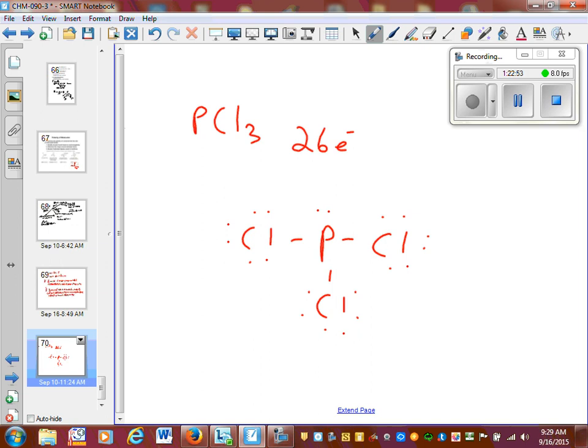So it's going to look like, actually it's going to look better than what I draw. Which is more electronegative, phosphorus or chlorine? Chlorine, because it's more to the right.